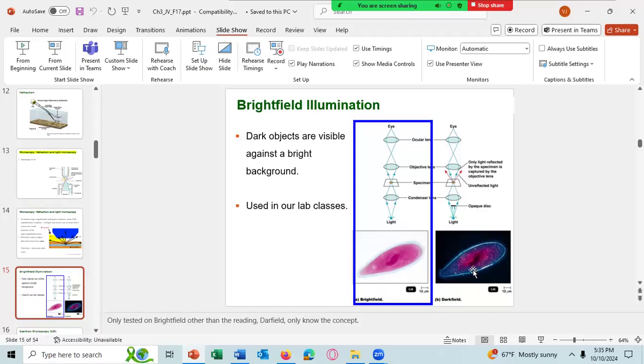You do need to understand bright field illumination and dark field illumination. You only need to know the concept. Okay? Any question about any of that? Your book talks a little bit more about bright field illumination and dark field illumination if you care for a deeper explanation.